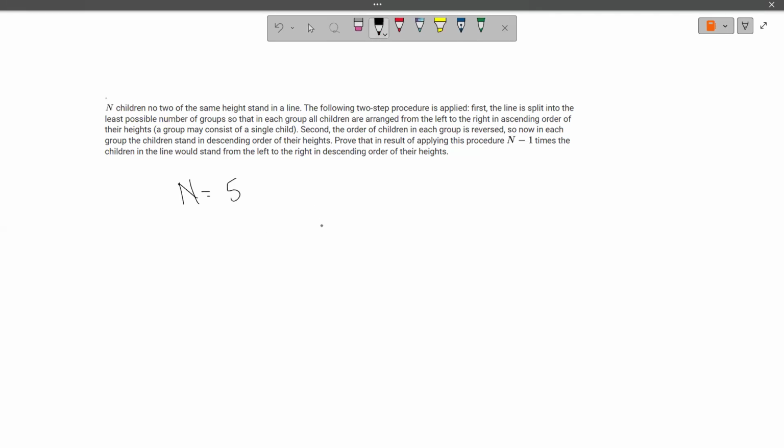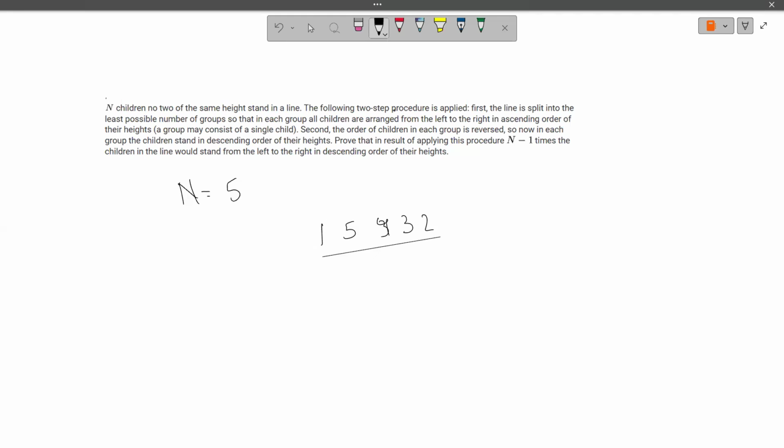As they have distinct heights, you can just denote the heights by 1, 2, 3, 4, 5. Suppose you are given 1, 5, 4, 3, 2. What it does is split into the least possible groups such that from left to right they are arranged in ascending order.